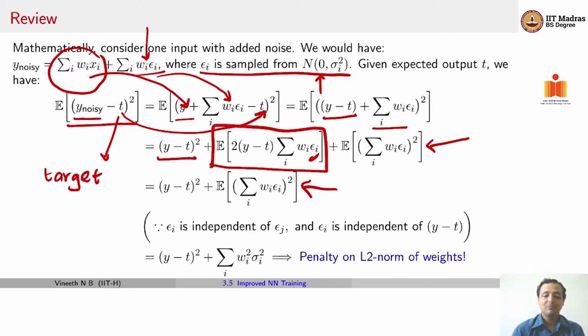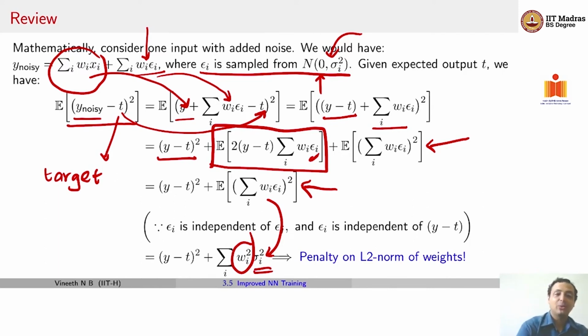The third term can now be written with the expectation pulled in as summation over i of Wi squared sigma i squared, because that is the variance of epsilon i. This, as you can see, clearly looks like a penalty on the L2 norm of the weights, where the coefficient of the penalty is given by sigma i squared.